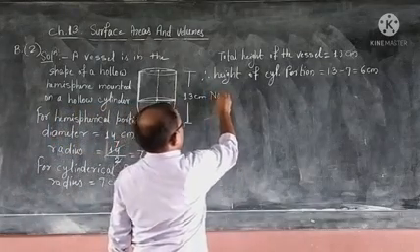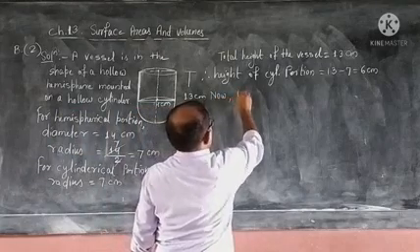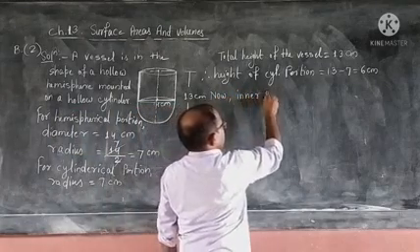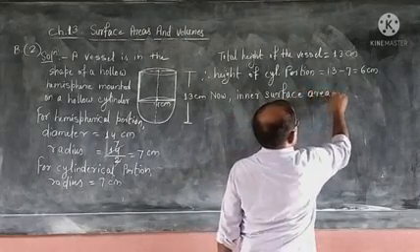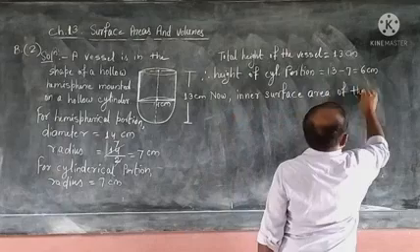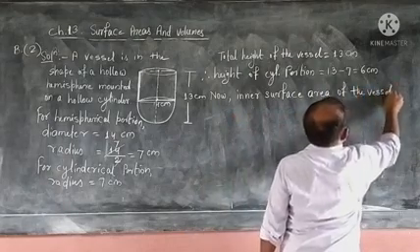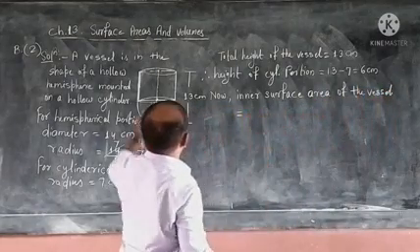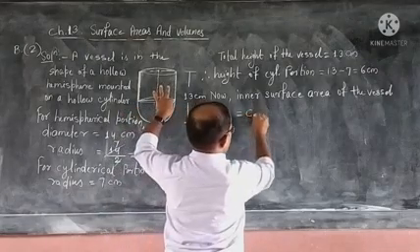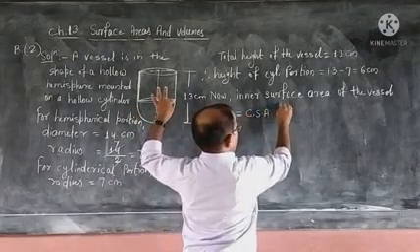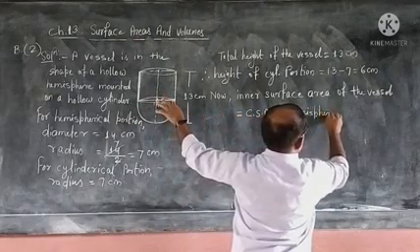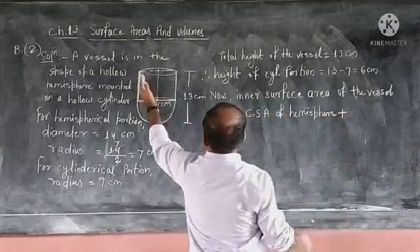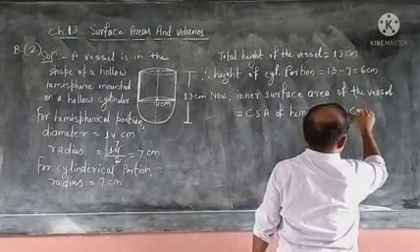We can now calculate the inner surface area of the vessel. So, which portions will we calculate? We will calculate the curved surface area of the hemisphere plus the curved surface area of the cylindrical portion.